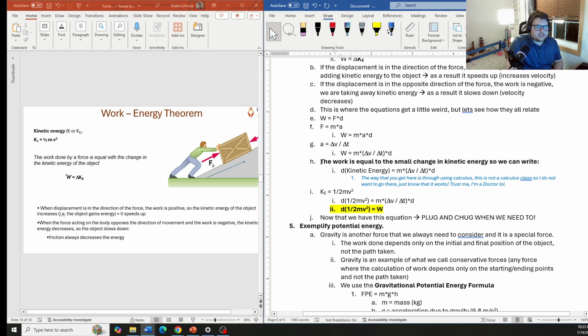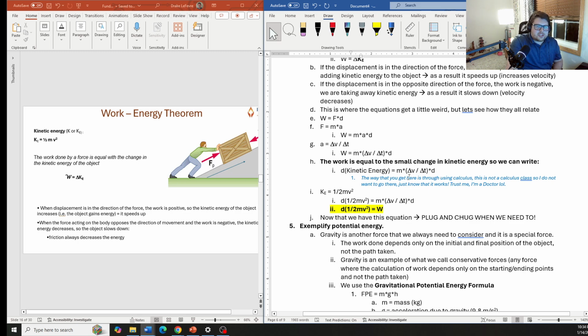This next step is where we can lose a lot of people. So I literally wrote here that the way you get from step G to H is through a bunch of calculus that I'm not going to get into. We don't need it for this class. We're not going into calculus.